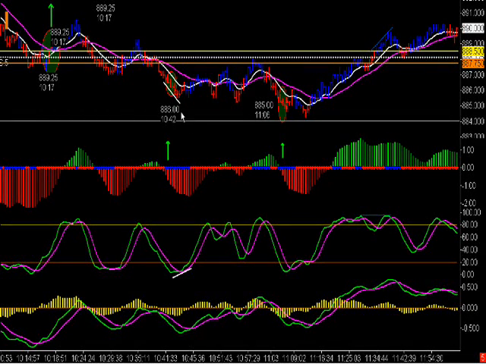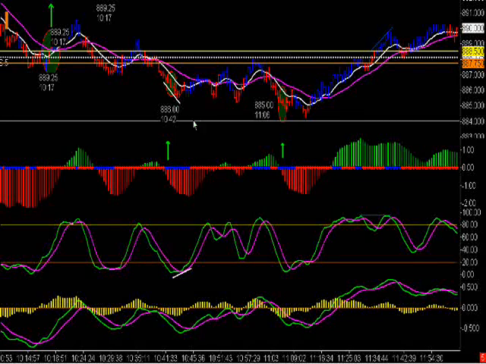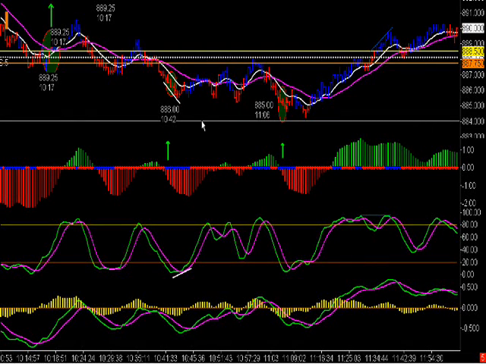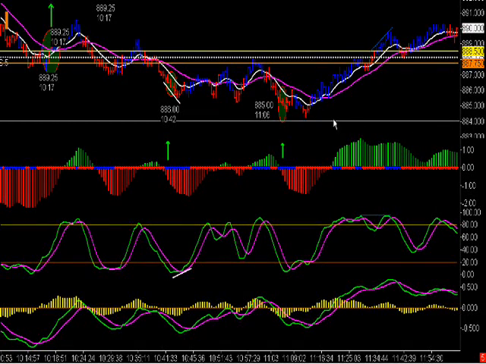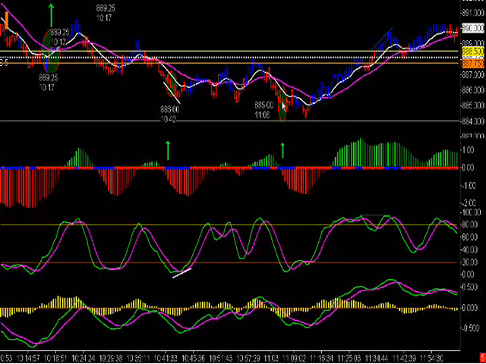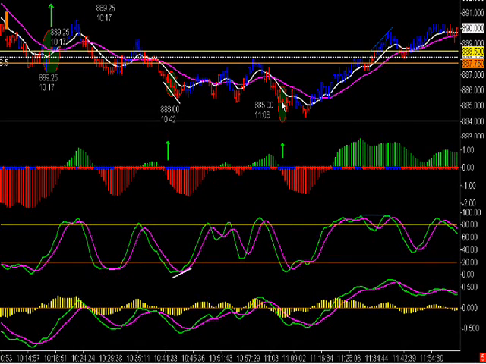But we expected it to actually get down to about the 883 area. That's where I had the support line drawn from based on looking at the daily chart, and actually I was a little bit off. 884 was actually more in line with the daily chart, and unfortunately I still had it at the 883 area when this squeeze fired off, and that was at 1106.